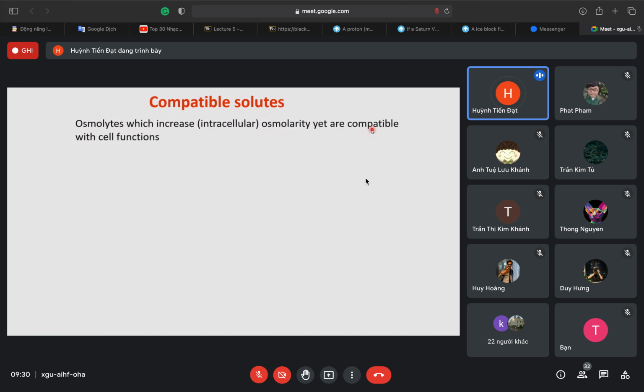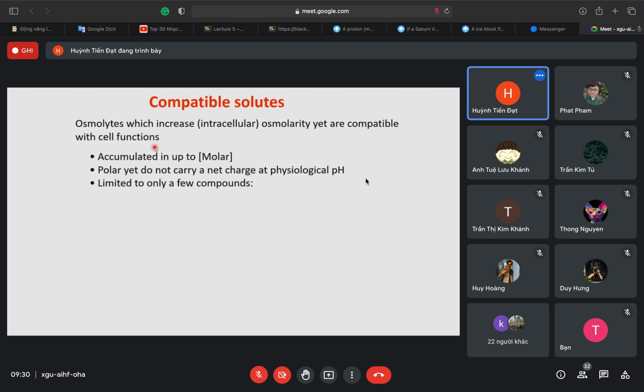But they are compatible with the cell function. So they can accumulate up to molar concentrations. They are polar, but they do not carry a net charge at physiological pH.